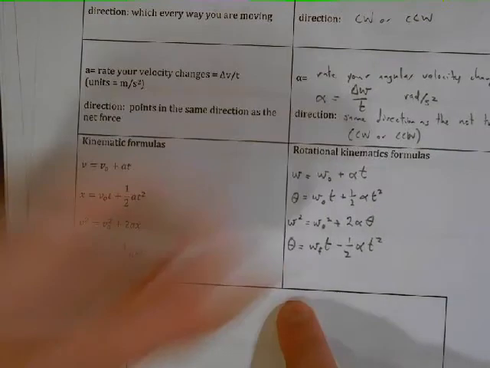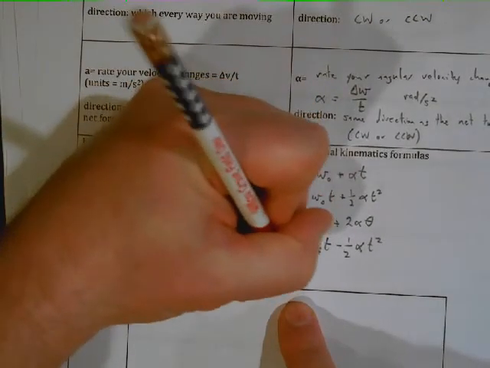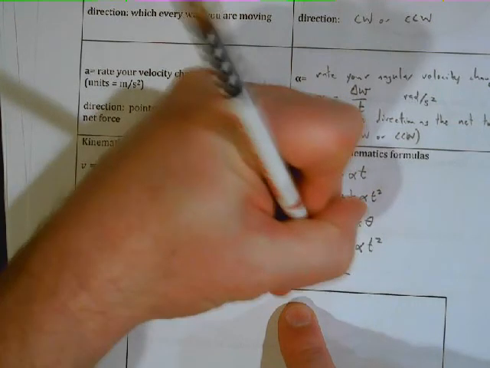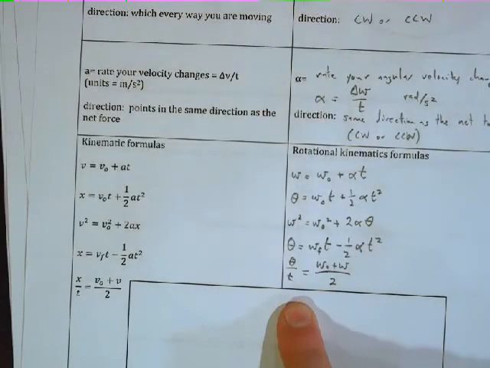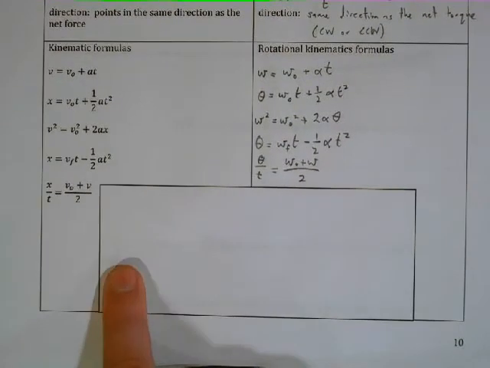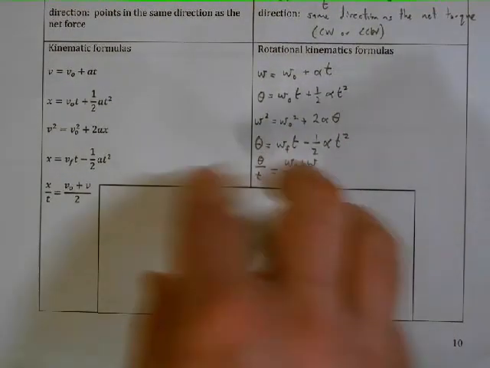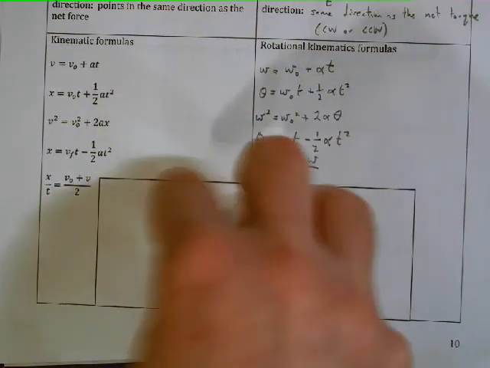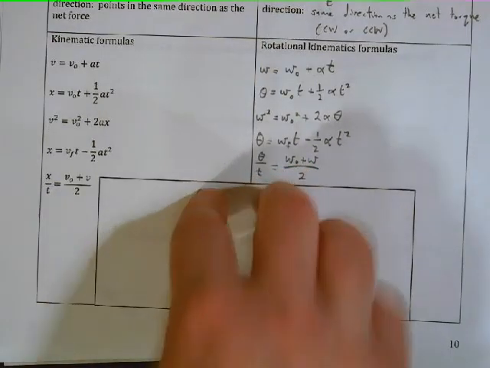And then remember, this formula is just average equals average. This formula is not there, but this is just average equals average. So if I want to do average equals average.